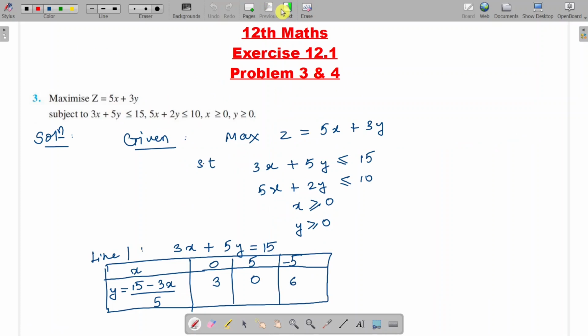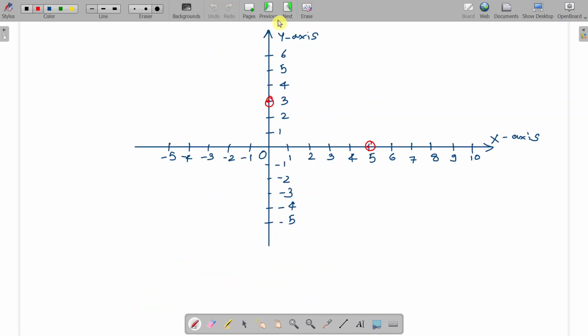Then -5, 6, -5 and 6 here. Okay, so if you plot the line that is joining these 3 points, okay, this line we get.